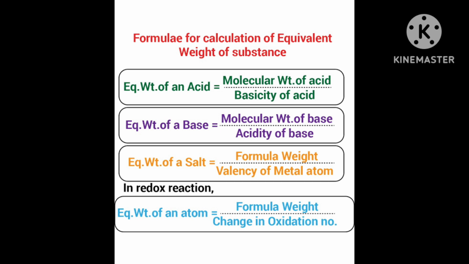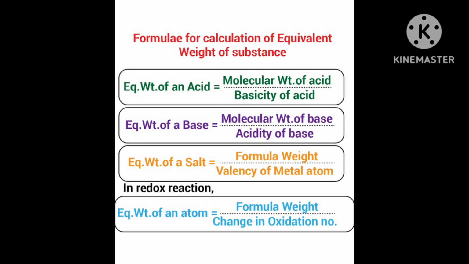Before going to this, I want to tell you that I told you 1.008 parts by weight of hydrogen, 8 parts by weight of oxygen and 35.5 parts by weight of chlorine. Any substance which can react with 1.008 gram hydrogen will be equivalent to this hydrogen.